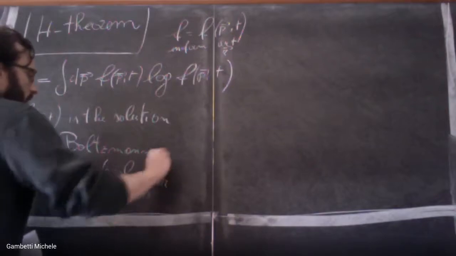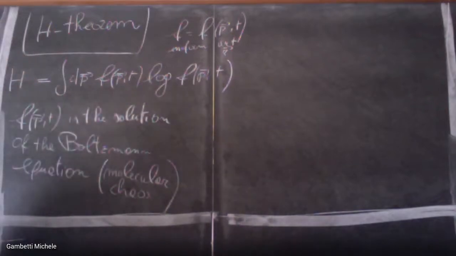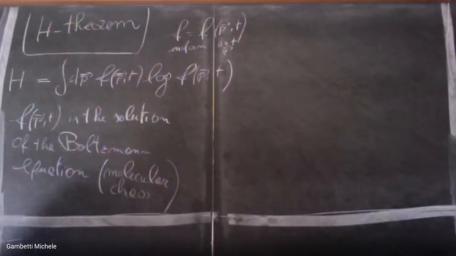So this function here is a solution of the Boltzmann equation, which was derived by assuming molecular chaos, which means that the two-body distribution, the joint probability, if you want, is just a product of the single particle ones. So the two probabilities for different momenta are completely uncorrelated. This is a strong assumption that actually is at the origin of the irreversibility of macroscopic systems, as we are going to show within the H theorem.